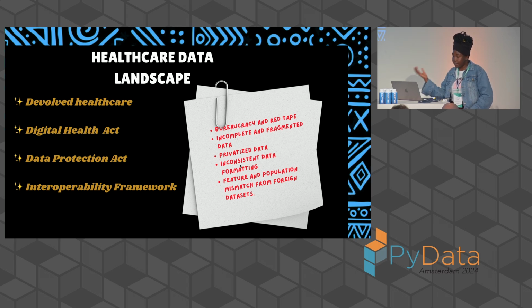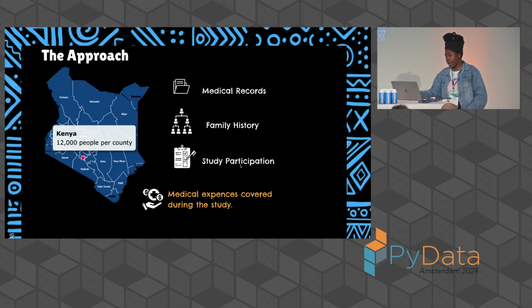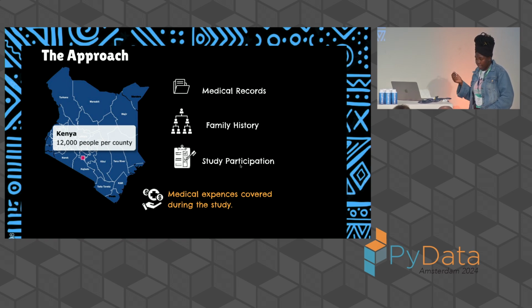So given these challenges, we came up with a solution on how we can go about gathering data. If we realize we don't have the data that we need to develop the models that we want, we work with at least 12,000 people in each and every county.